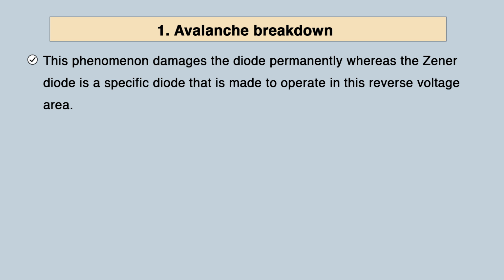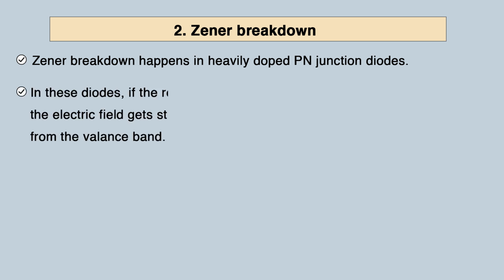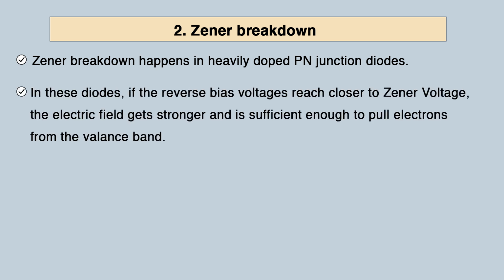a reverse voltage area. Zener breakdown happens in heavily doped p-n junction diode. In these diodes, if the reverse bias voltage reaches closer to the Zener voltage, the electric field gets stronger and is sufficient enough to pull electrons from the valence band.